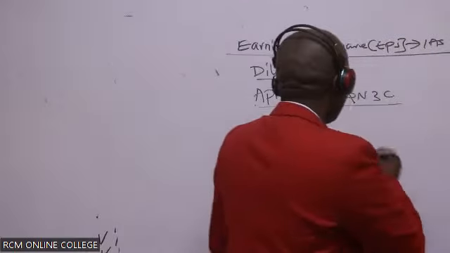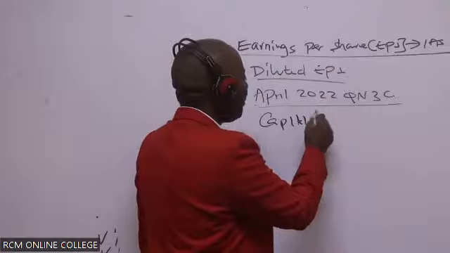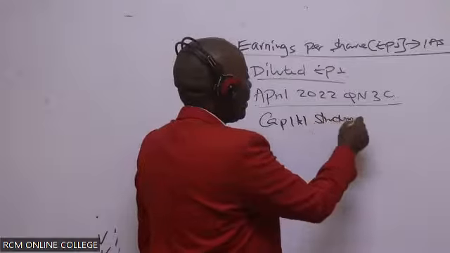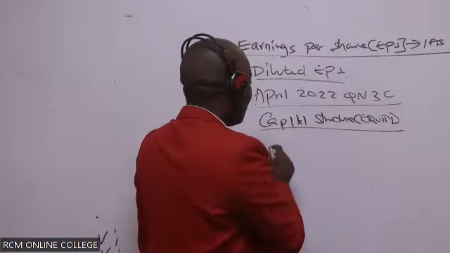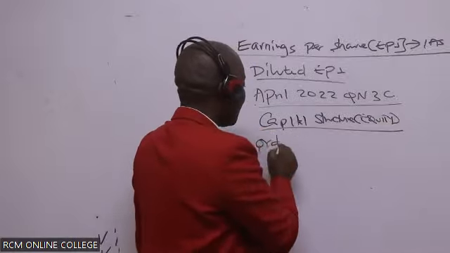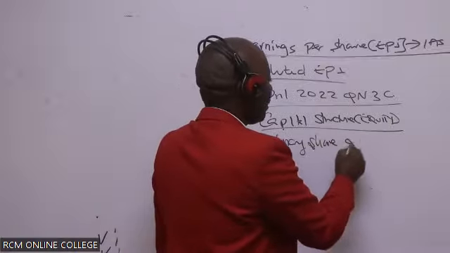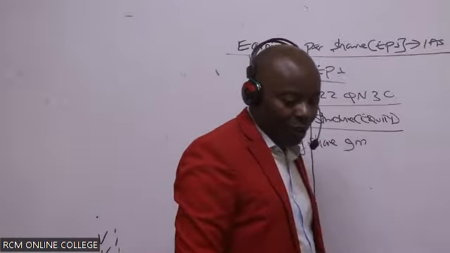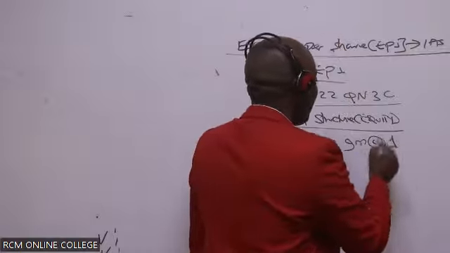So basically, they are giving us the capital structure, the equity component, and they are talking about ordinary shares. Ordinary shares were 9 million, and each had a par value of 1.